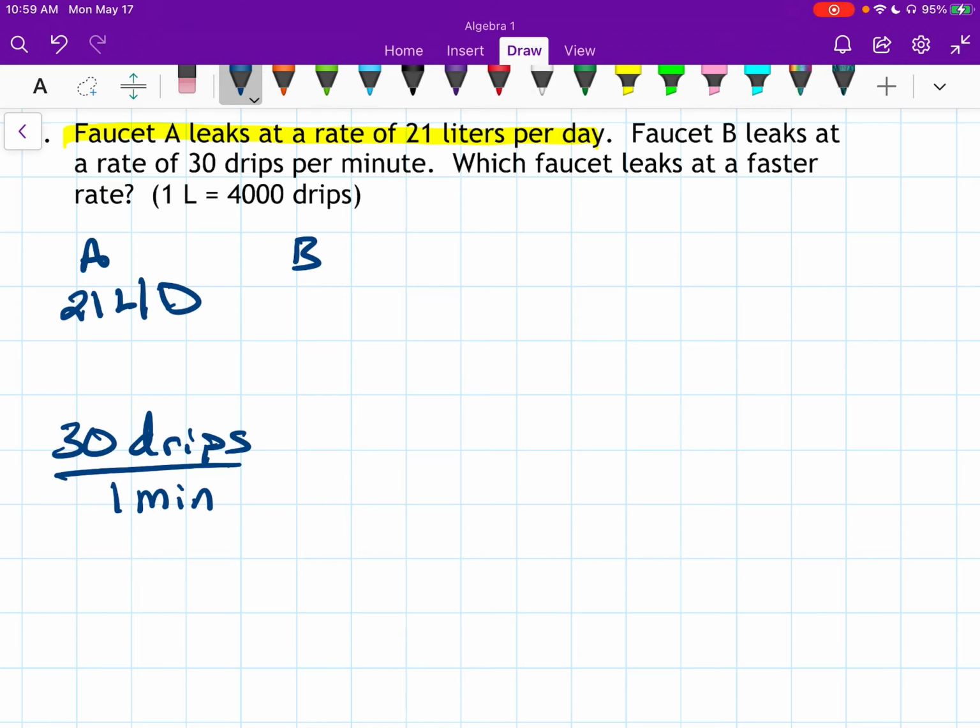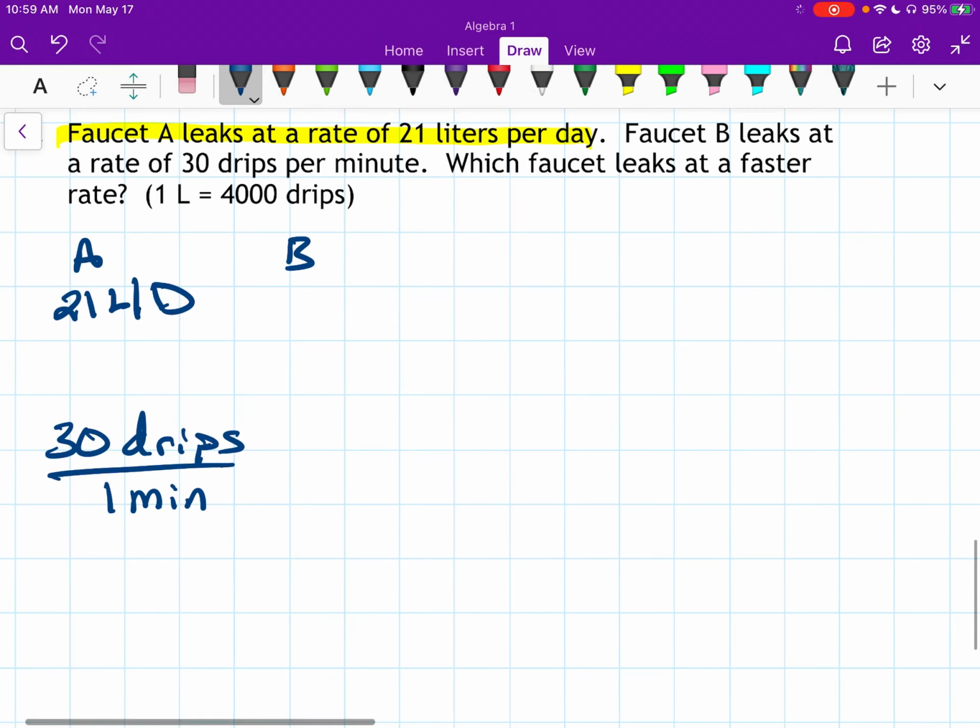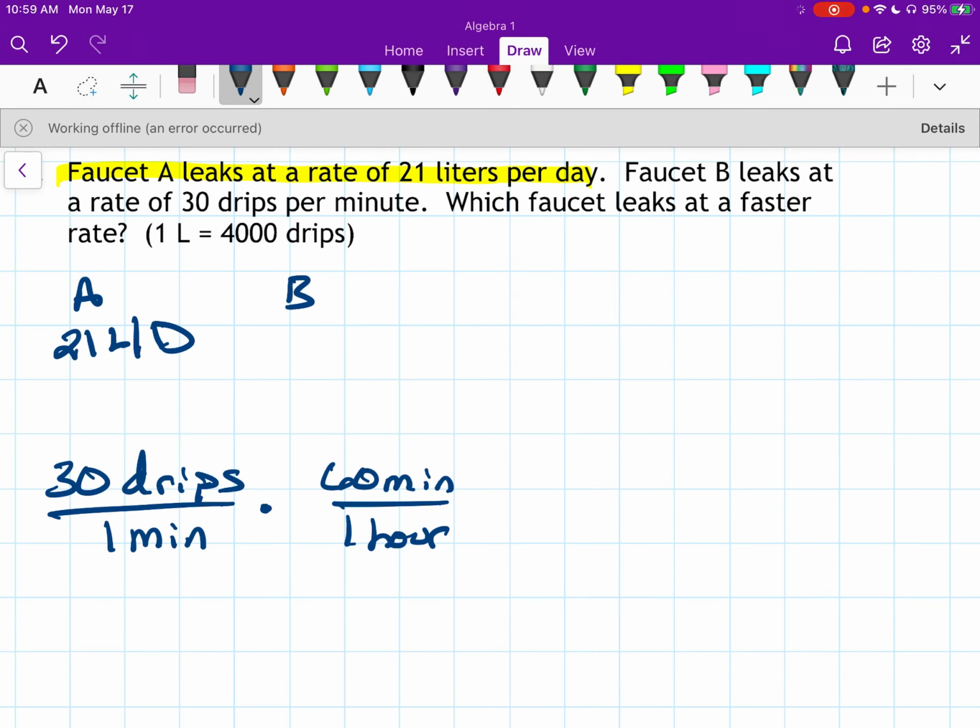And here I'm going to use some conversion factors. So starting off, let's look at our units of time. We need to convert minutes to days. We know we can go to hours. We know that 60 minutes is 1 hour, right? I'm using the conversion factor. I'm saying that the top 60 is equal to the bottom 1 hour. And then next up, minutes and minutes cancel, so I'm in hours now. To get hours to days, I need to use 24.